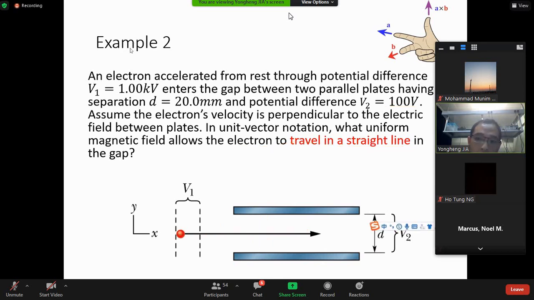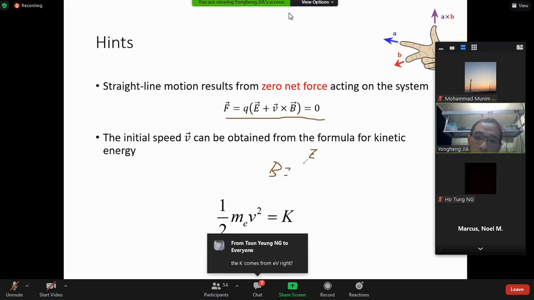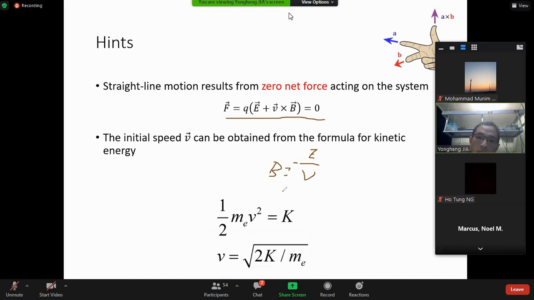So the following calculation is very easy. First we calculate the velocity, and then when the electron moves in a straight line, it should have a total force equal to 0, and then we can get the magnetic field. This is the magnitude, and then you should also tell the direction.